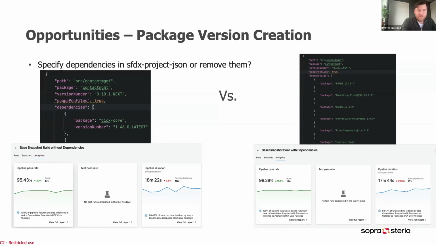The reason for checking those against each other was to see whether Salesforce, when listing dependencies, actually tries to install EDA or Marketing Cloud even though it's pre-installed in the snapshot. And that's what I discovered: no, they actually don't. So you can still list all those dependencies and you won't risk much longer running package version creations versus removing them on the left-hand side.